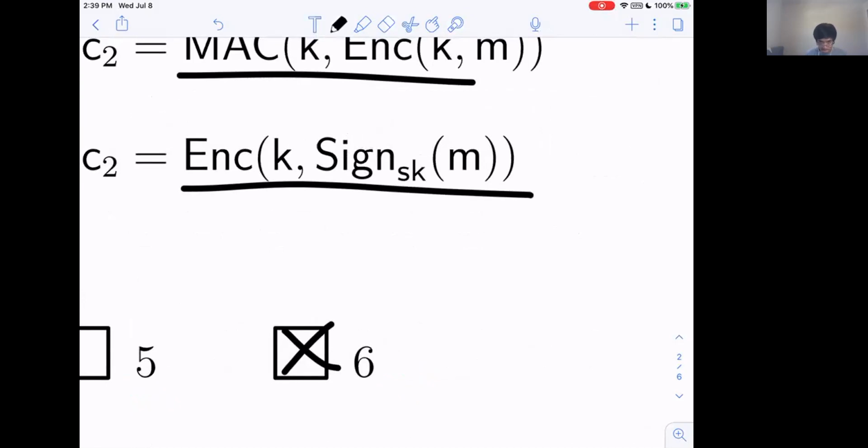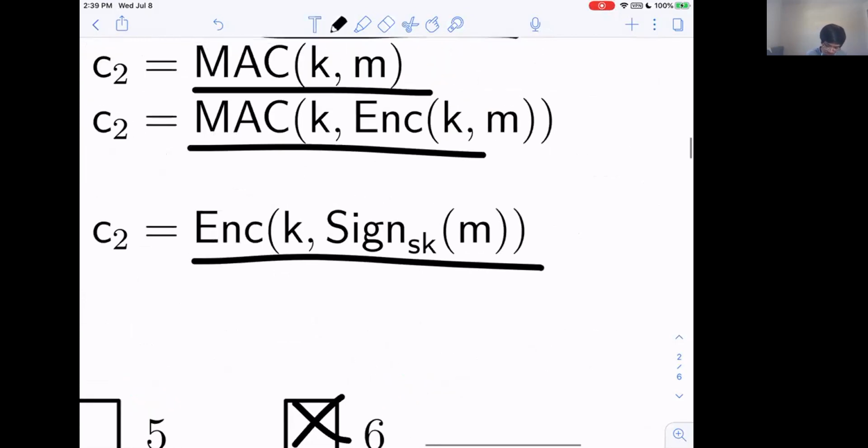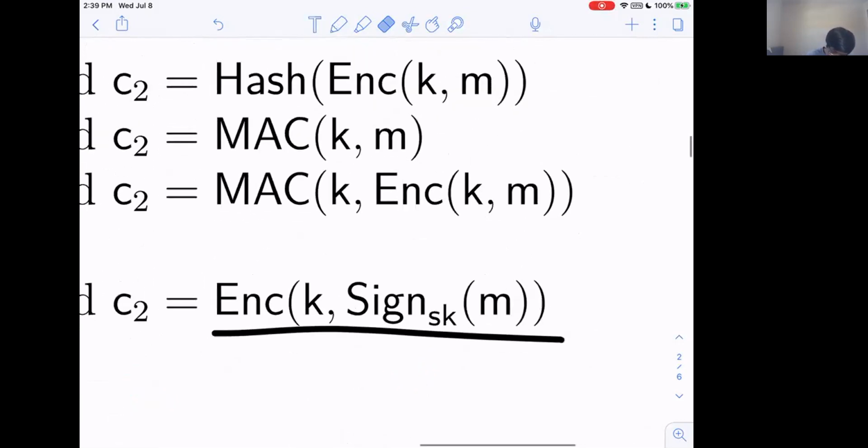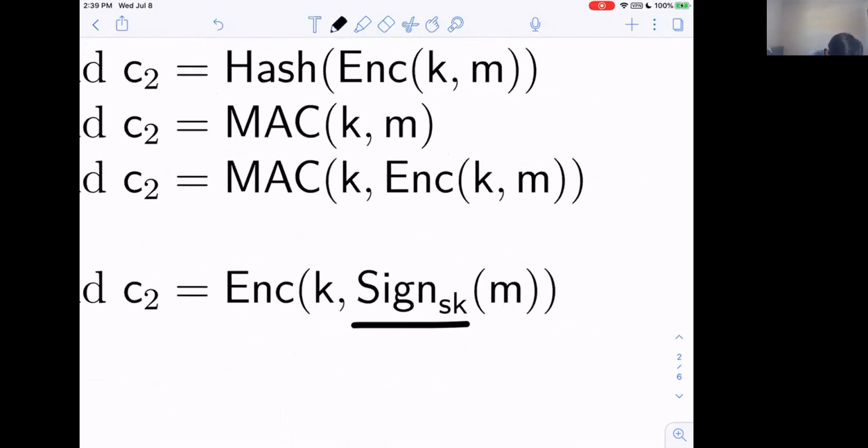Because we assume that the encryption is CPA secure, so Eve shouldn't be able to decrypt C2. Right. Even though the signature is deterministic in some schemes, and might give away information about the message, when we encrypt it, any of that information is now hidden. So Eve knows nothing about the message from C2.